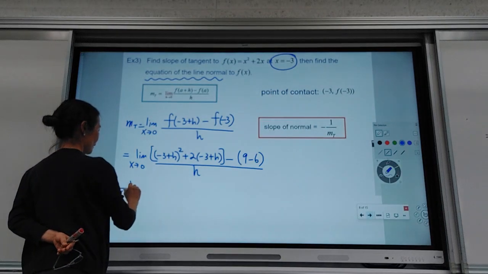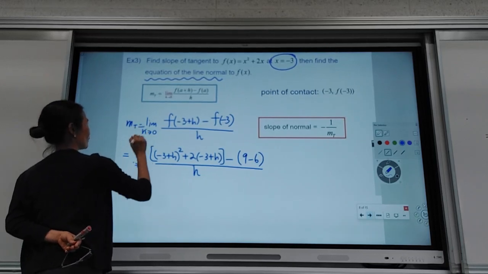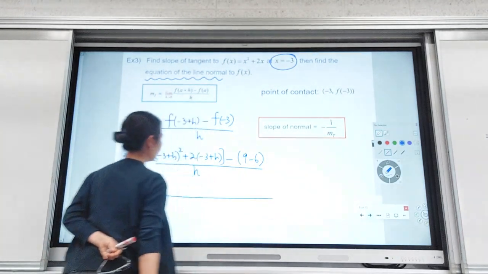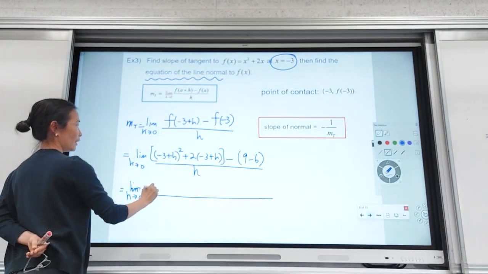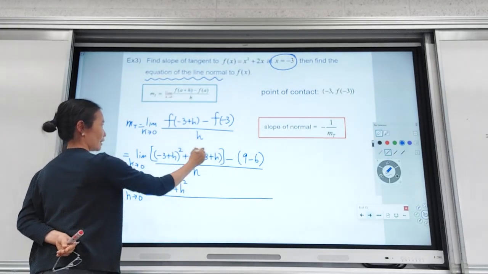Sorry, this is not x, this is h. I wrote it wrong. Expand. 9 minus 6h plus h squared. Expand here.